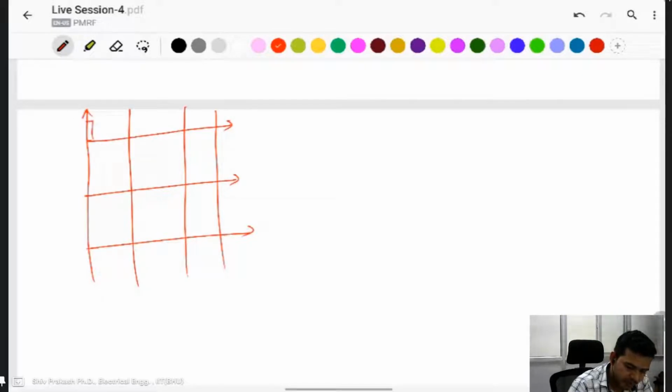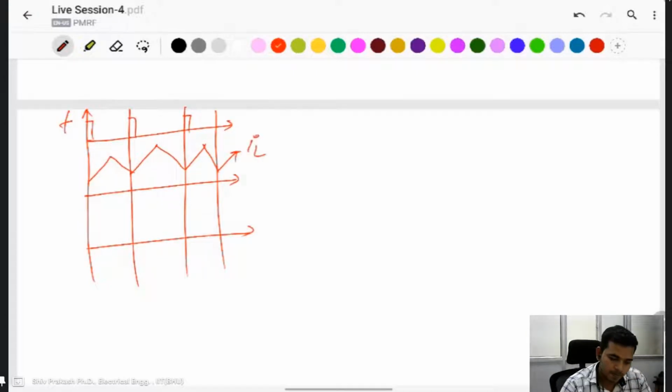This is the pulse frequency. So the inductor current and the modulation signal.